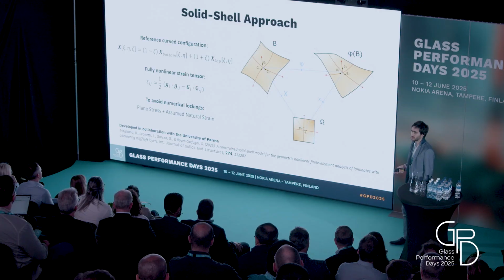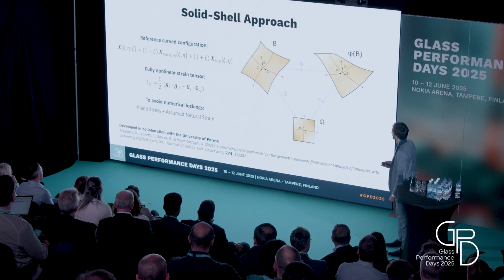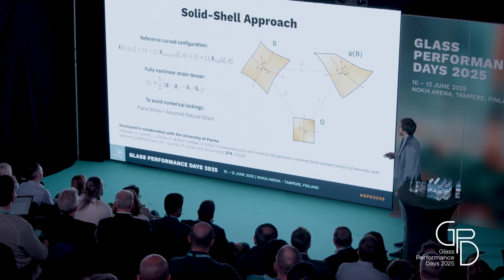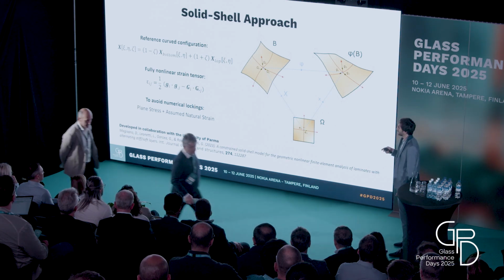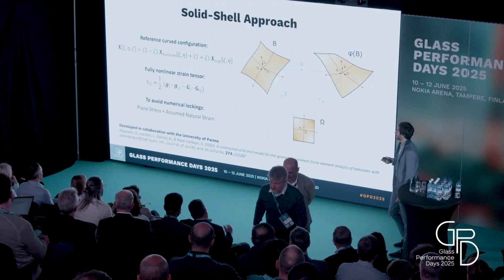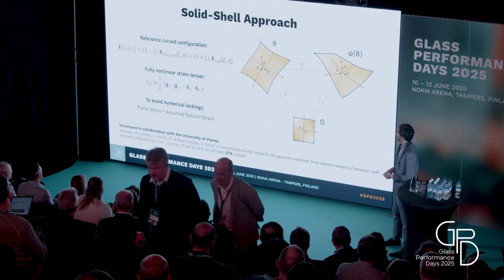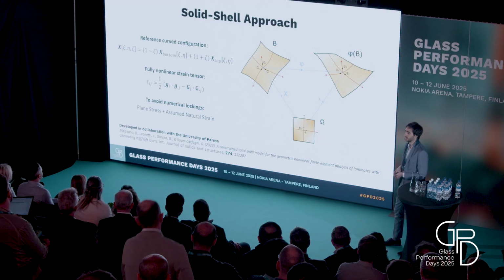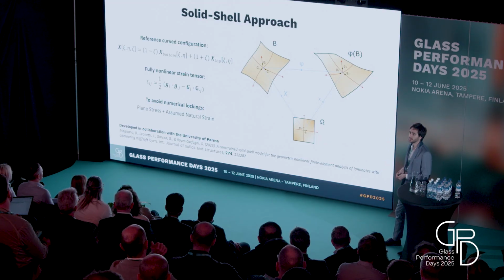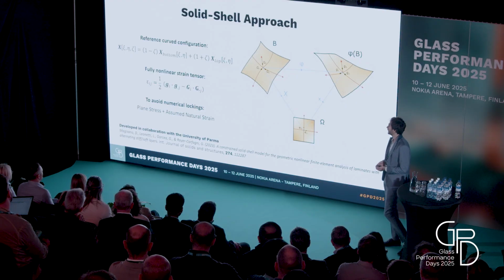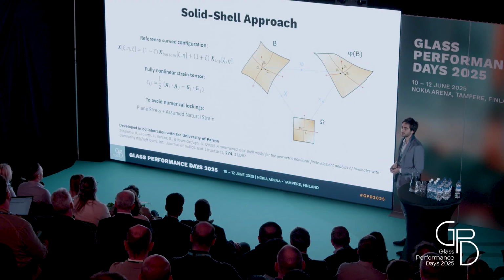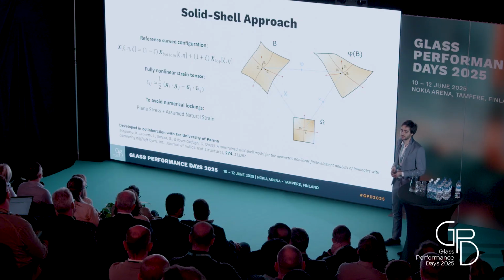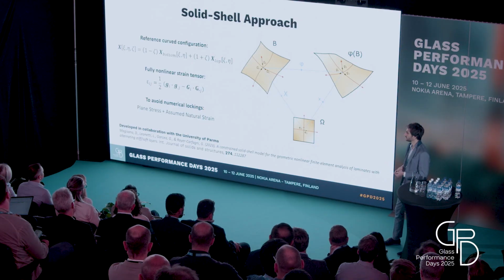We use one element for each layer of each material, and for each element we interpolate bottom and top nodal values, that is the displacement and the position. We use a strain measure which is geometrically exact, so we can handle curved geometries and large strains.